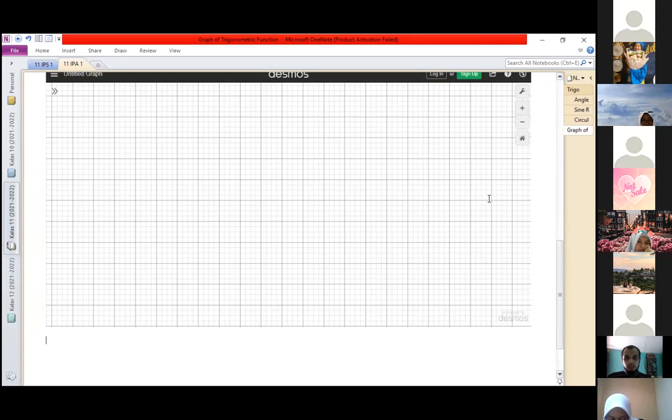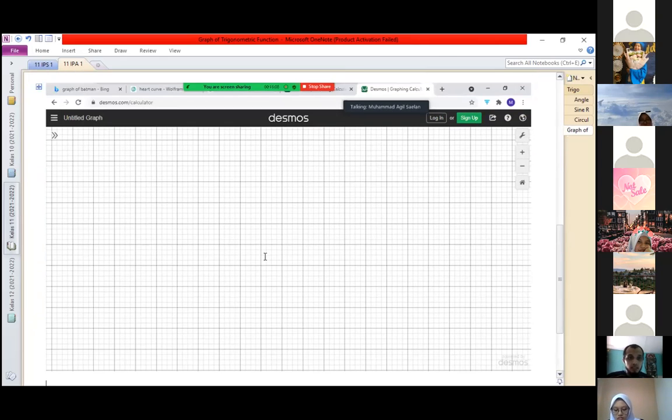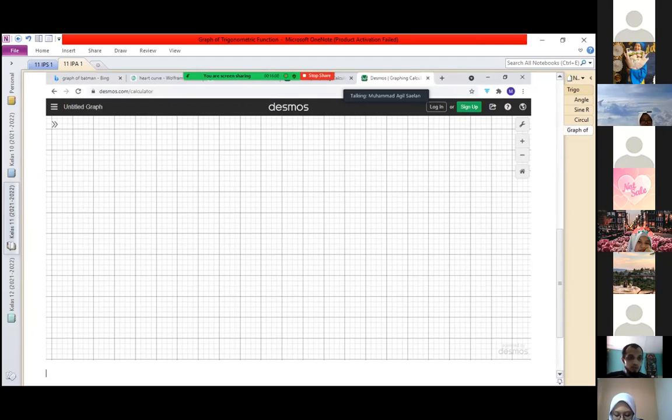Okay, so what I want to do now is to show you some examples of plotting the graph of trigonometric functions. So I'll start with the sine graph. Plotting, sketching graph.